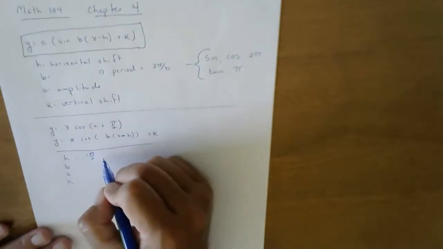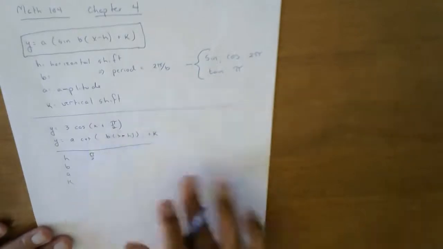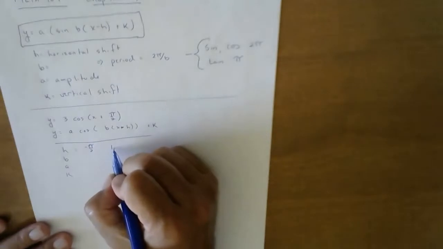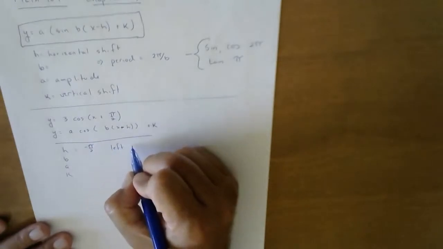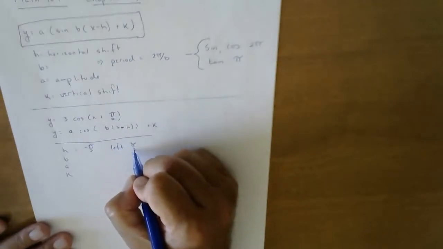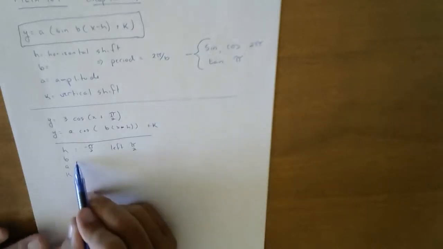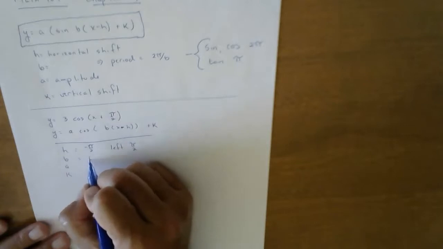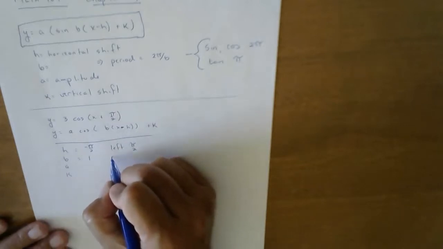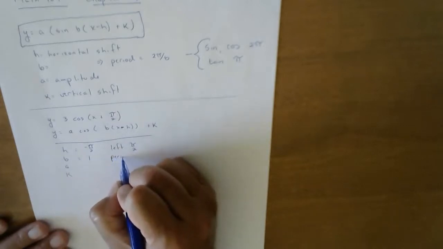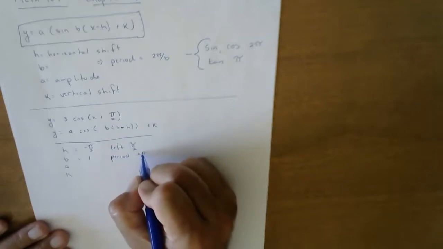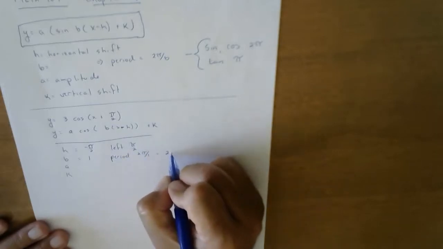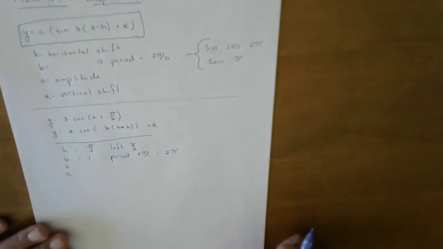That means the first thing I would do with my parent function cosine is move the whole thing to the left, pi over 2. The B, in this case, my B right here in front, is equal to 1. So my period is going to be 2 pi divided by the B. Looks like my period is going to stay 2 pi.